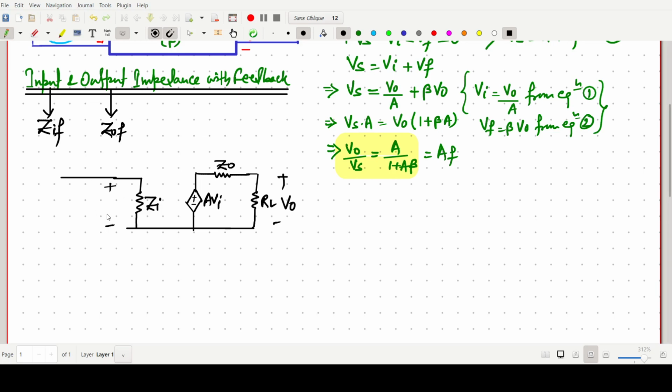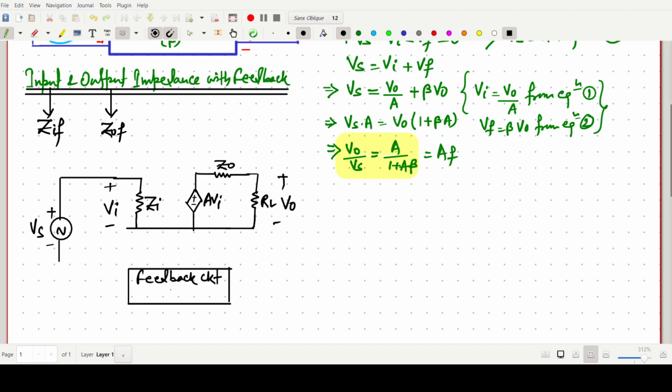This value is Vi, and we give some source Vs, and there will be a feedback circuit with beta.